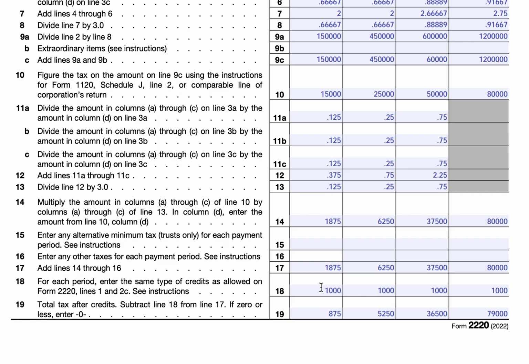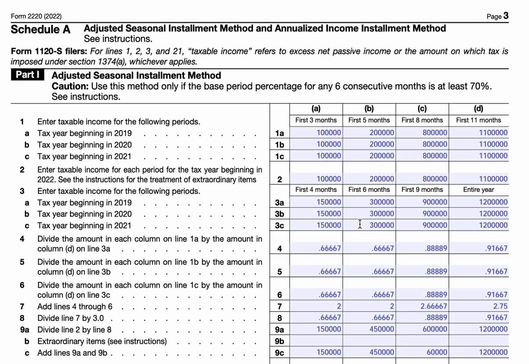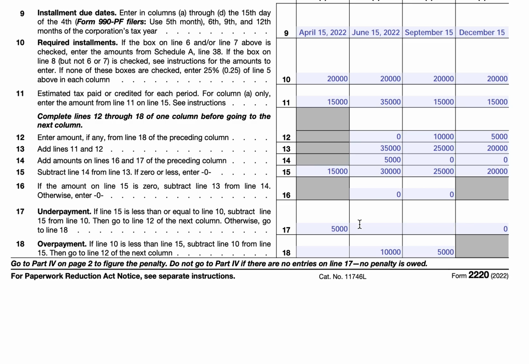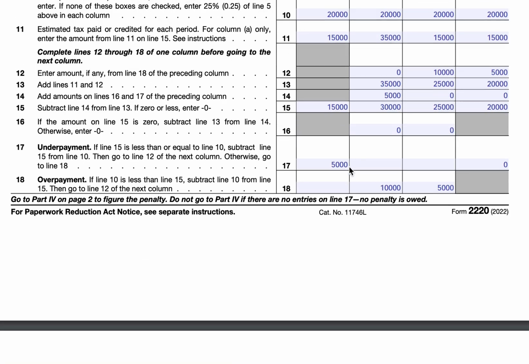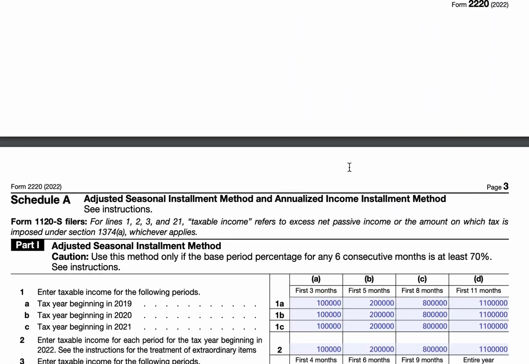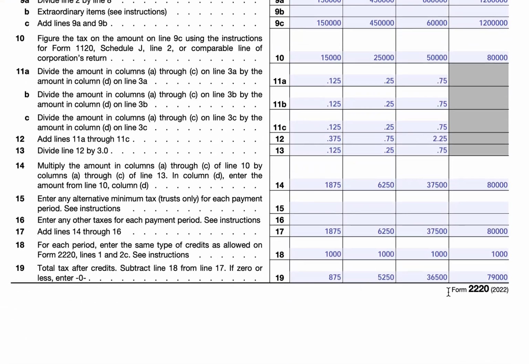And then for each period, we enter the same type of credits as allowed on lines 1 and 2C of Form 2220 itself. So if you recall in our previous video, looking at line 2C, we did have a tax credit for $1,000. Drop that down.